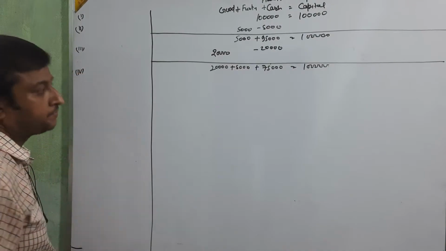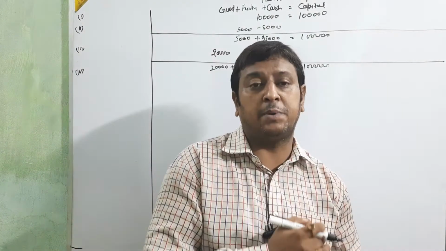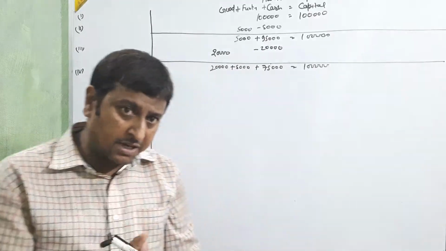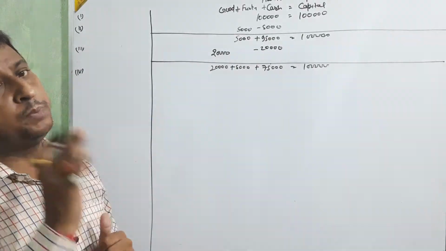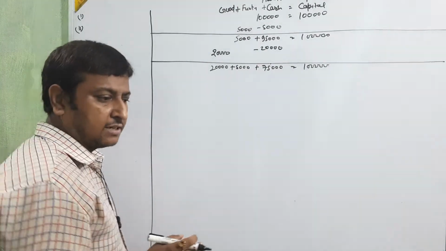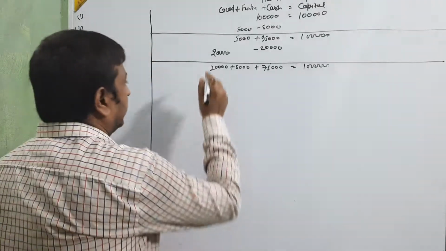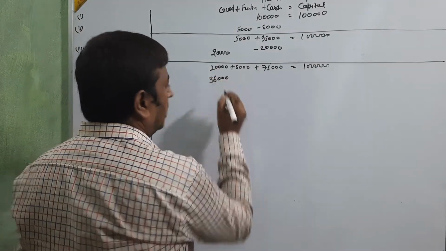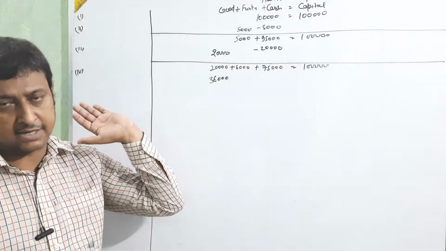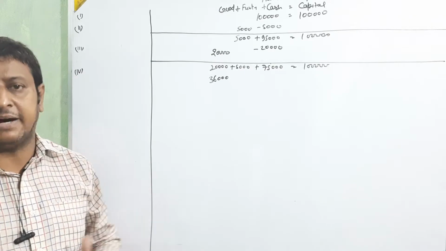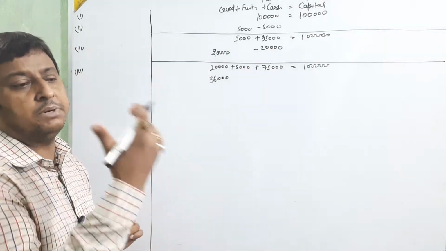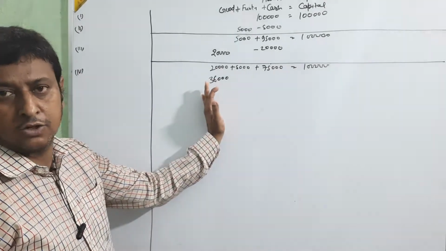Purchase goods on credit. Again we are going to purchase goods. Okay, beta, first understand what effect is coming after this transaction. You are going to purchase, which means goods are coming into the business. You go to the market and purchase more goods for 36,000, so that will be added to goods.